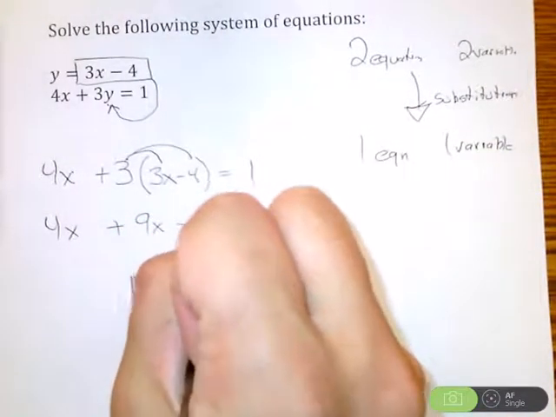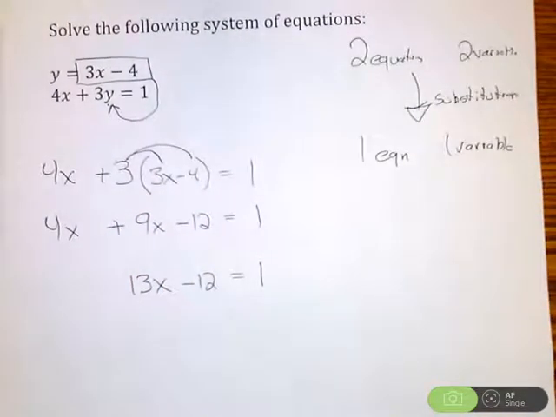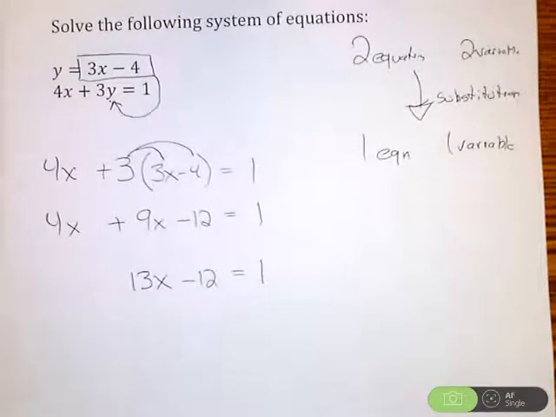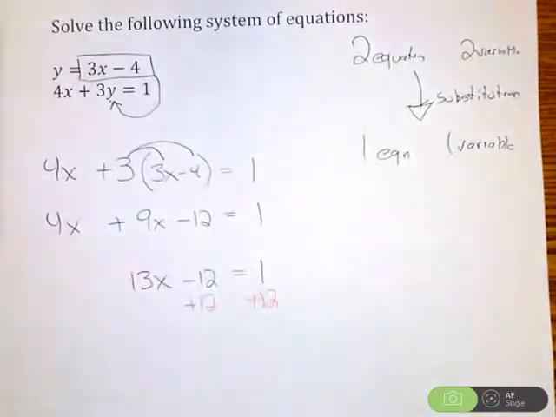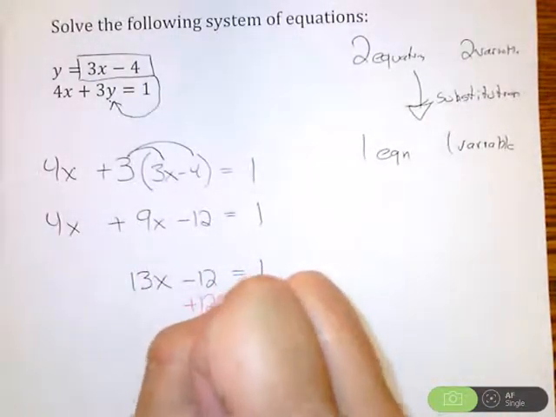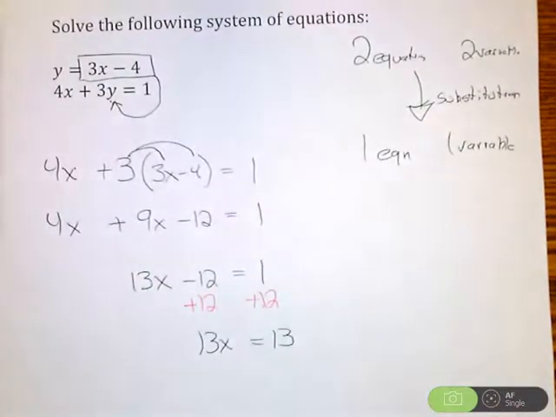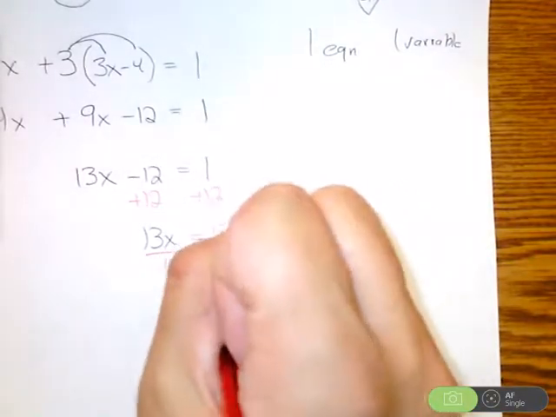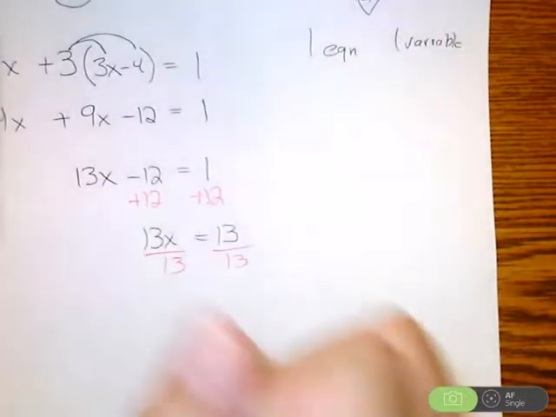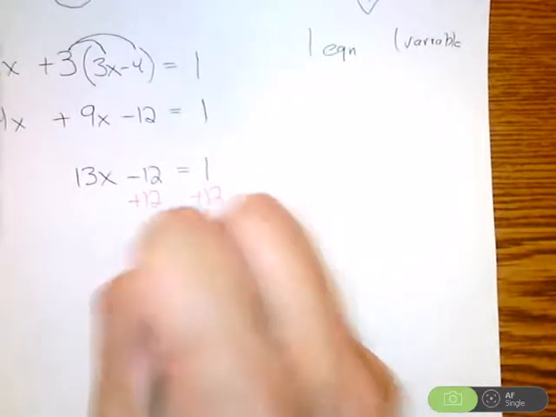Still have a minus 12 there, equal to 1. Solving from there, we want to isolate the x, so let's add 12 over. I have 13x equals 13. Divide that 13 over, and we have x equals 1.